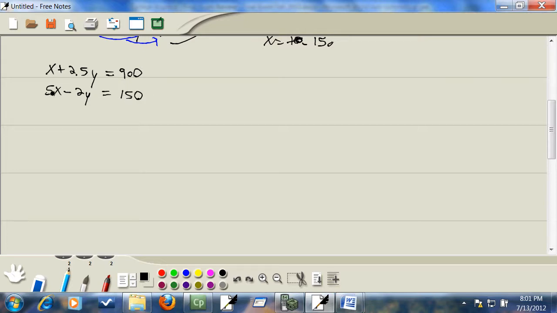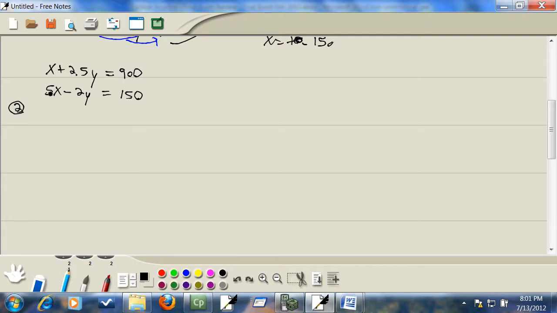Now, step 1, line up the like terms. X's are lined up, y's are lined up, numbers over here. So that's okay. Step 2 is multiply one or both of the equations by a number such that you can either make the x's or y's additive inverses of each other.